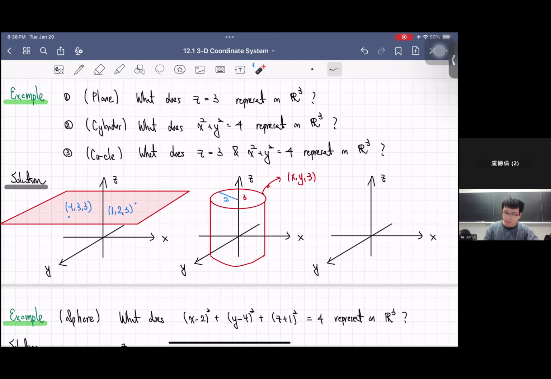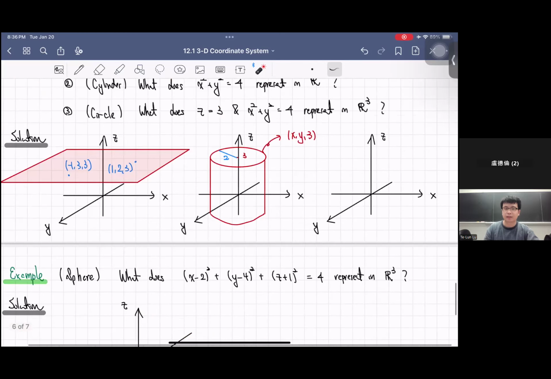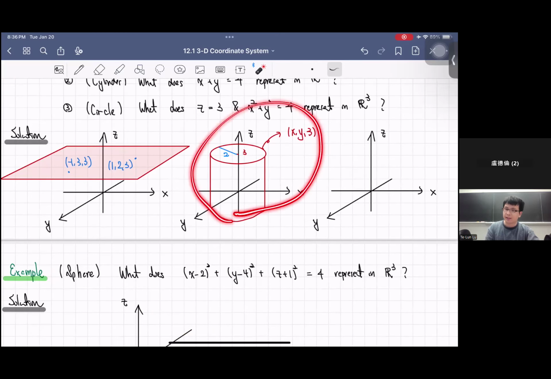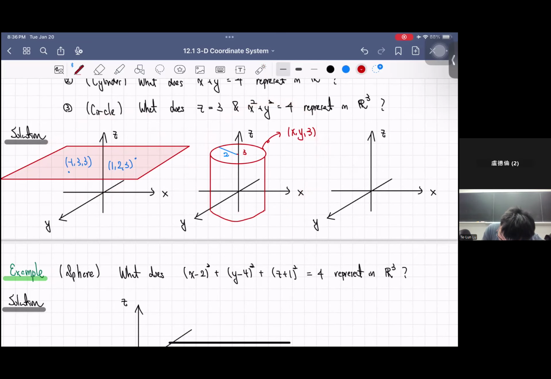So in this case, the point must be on both the cylinder and the plane. So there's only one circle. Let me draw it here. So this is the only circle, (x, y, 3), where the distance is 2.